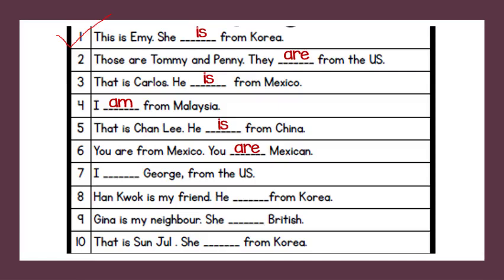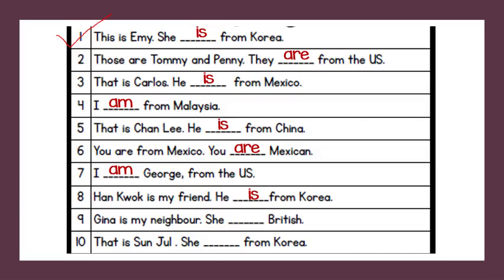Number 7, I am George from the US. Another tick if you got that correct. Number 8, Han Kwok is my friend. He is from Korea. Another tick if you got that correct.